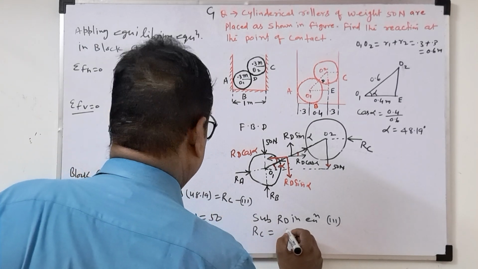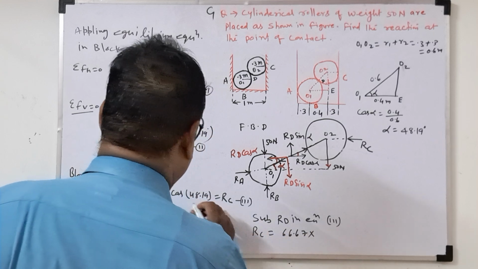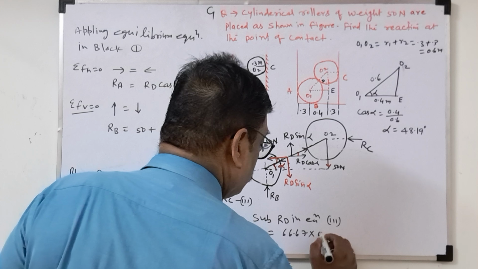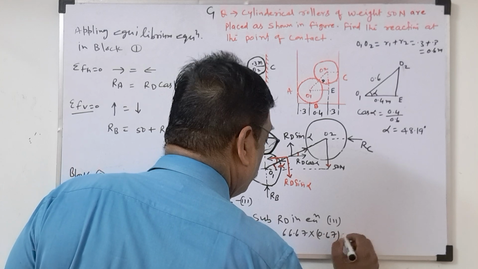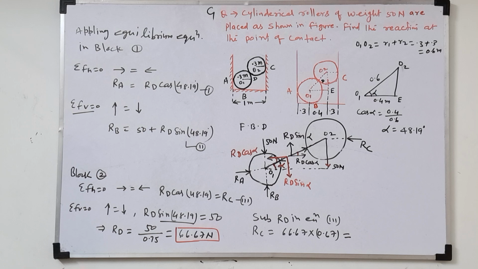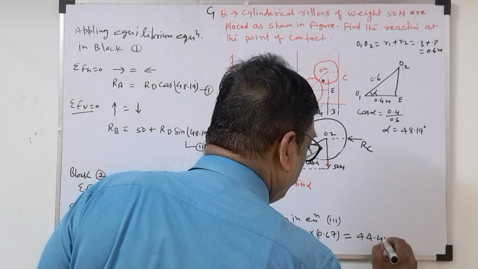Rc is equal to Rd, that is 66.67 into cos 48.19. Cos 48.19, how much is coming here? Already we calculated 0.67. If we calculate this, the Rc value will be 44.45 Newton.